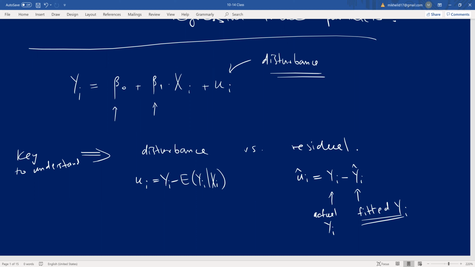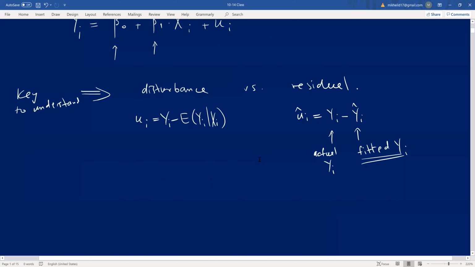Can you tell me what is y hat_i? It is beta 0 hat plus beta 1 hat times x_i. You mean plus, right? Yeah, plus beta 1 hat times x_i. Very good.